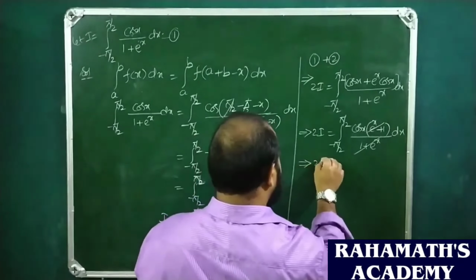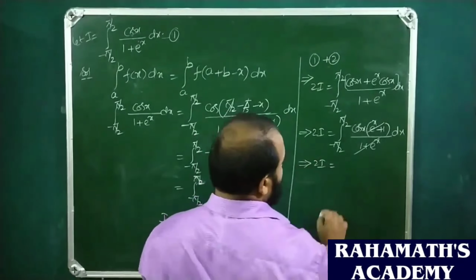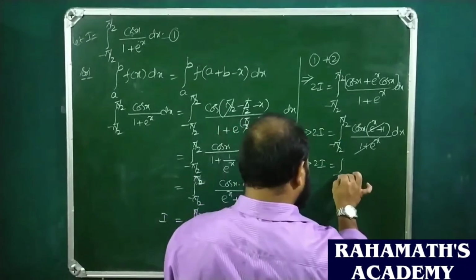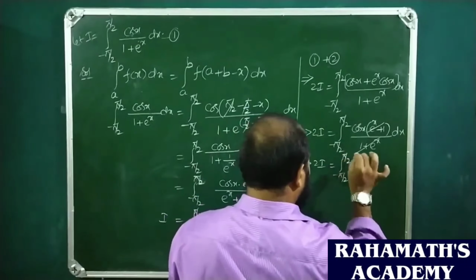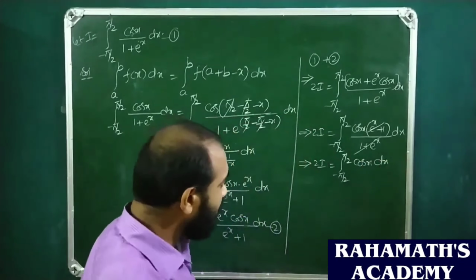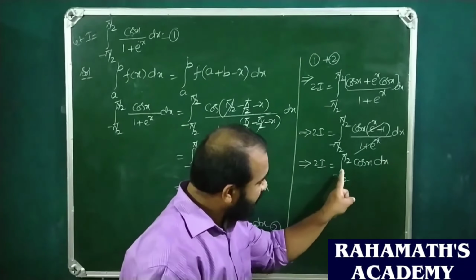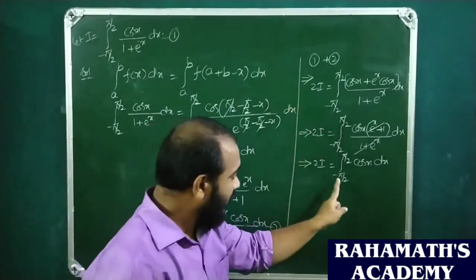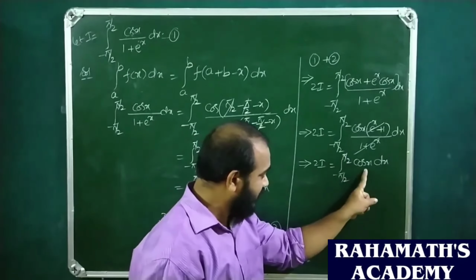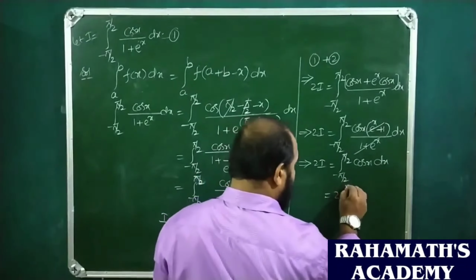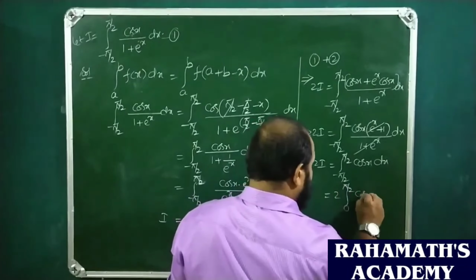So 2I is equal to integral from minus pi by 2 to pi by 2 of cos x dx. Now listen, this is of the form integral minus a to a f of x dx. It will be 2 integral 0 to pi by 2 cos x dx.